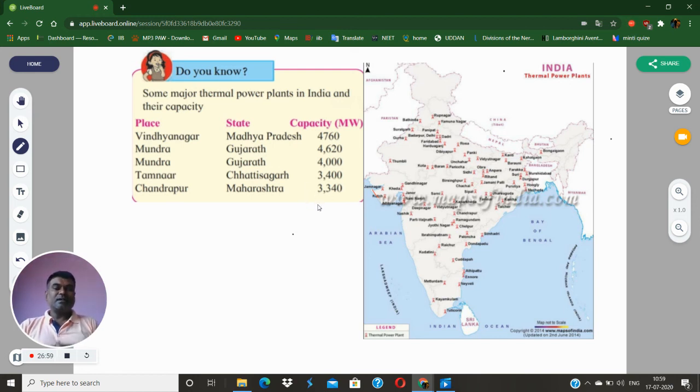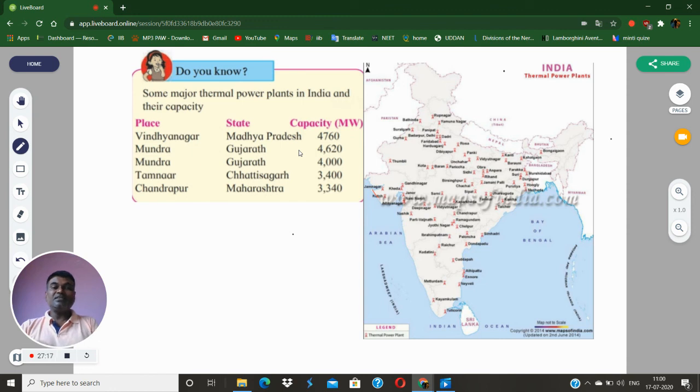Here some major thermal power stations are given. Which are the major thermal power stations from India? There are some places with their states and their capacity, how much electricity is generated there.